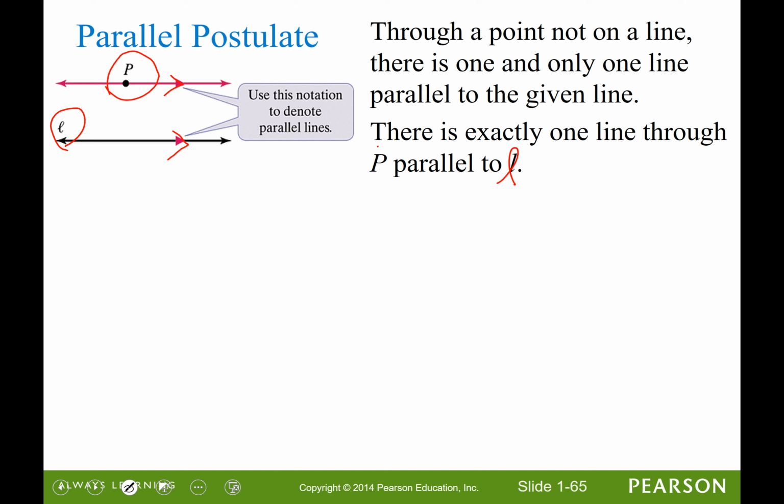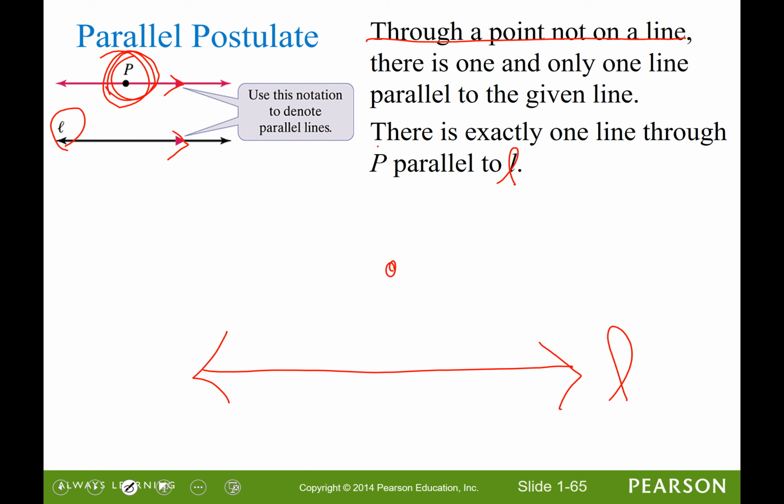Let me backtrack a little. The parallel postulate starts with line L, like this here. And now let's walk through it. Through a point not on a line. So I can put this point anywhere. In this figure, you can see they put point P right there. I will go ahead and put it here.